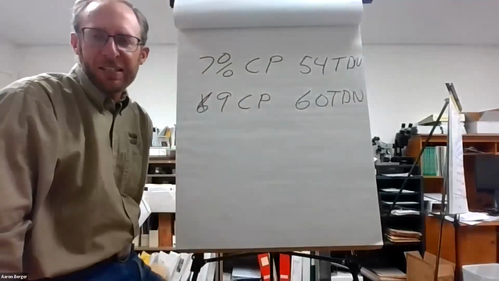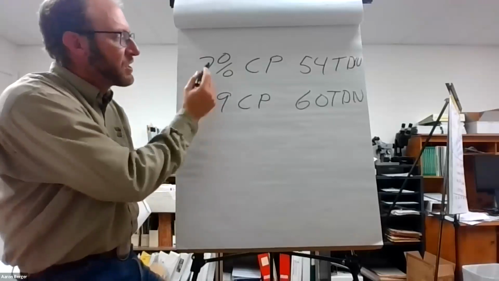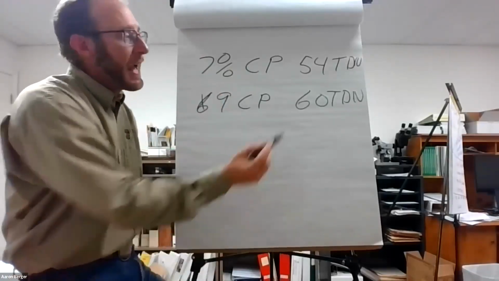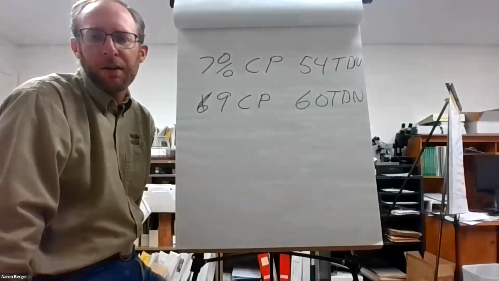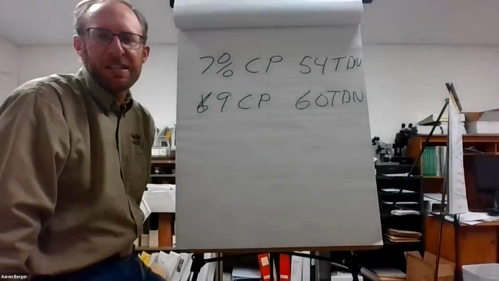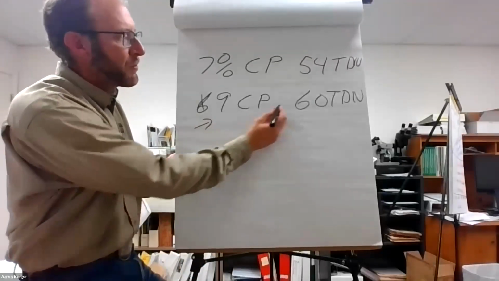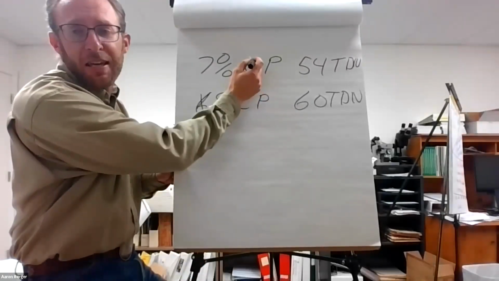Now, if you look at these two hays, this difference in crude protein doesn't seem like very much, but it's significant. Okay. As is this energy value. All right. So the thing is, interestingly, this hay was actually priced less than this hay.